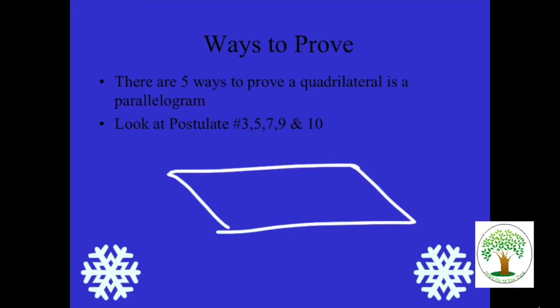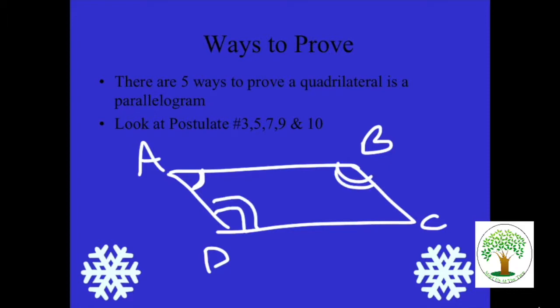Naming the angles A, B, C, and D, angle A must be supplementary to both D and B before we can call it a parallelogram. So if I have a quadrilateral and I know that one angle is supplementary to both of its consecutive angles, then automatically it is a parallelogram.